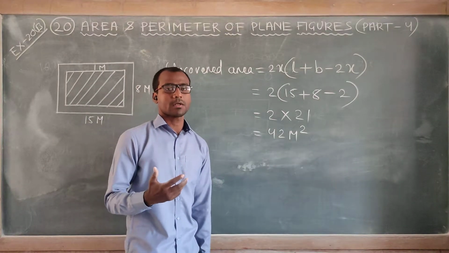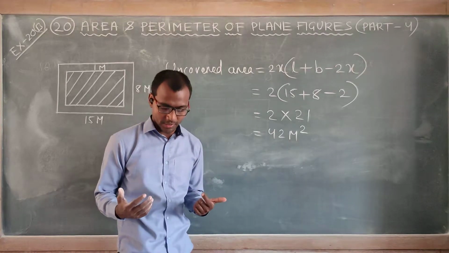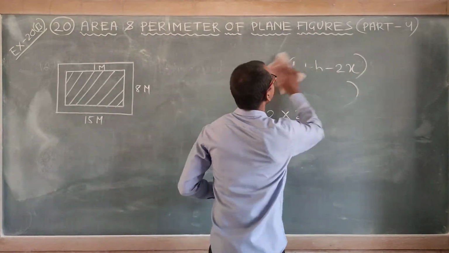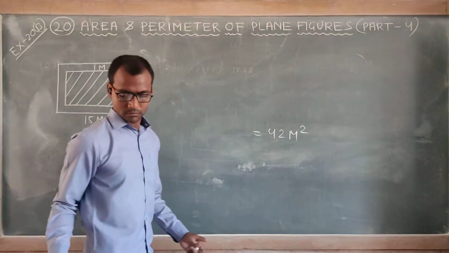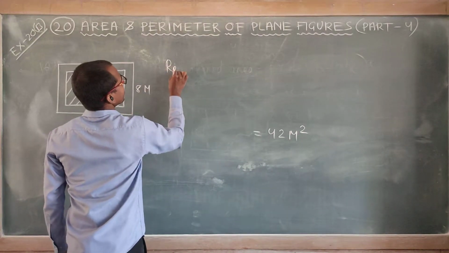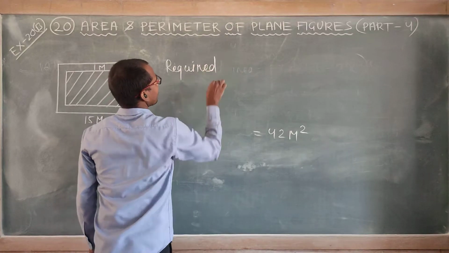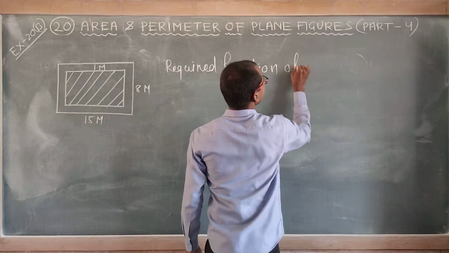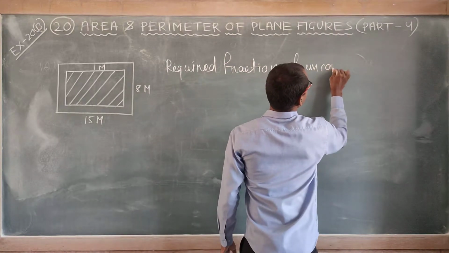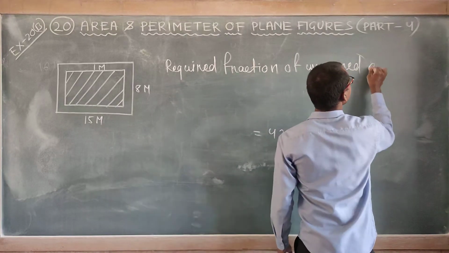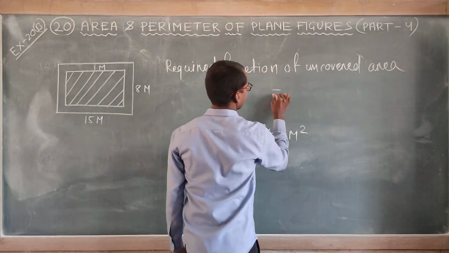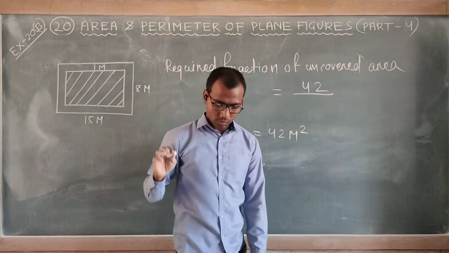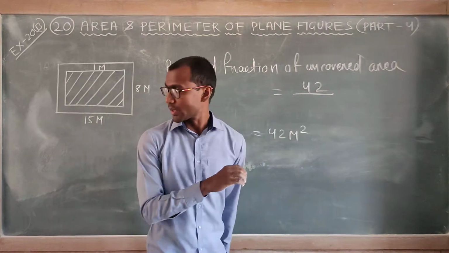And we are going to find a fraction, the fraction of the uncovered area. So the required fraction of uncovered area is equal to 42 square meter uncovered, and the total area of the floor was I think 120 square meter.